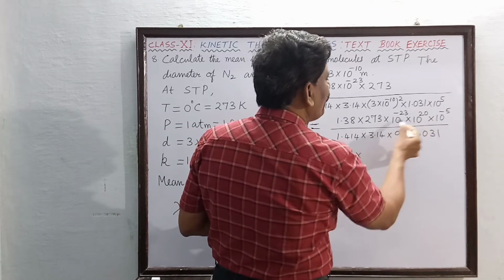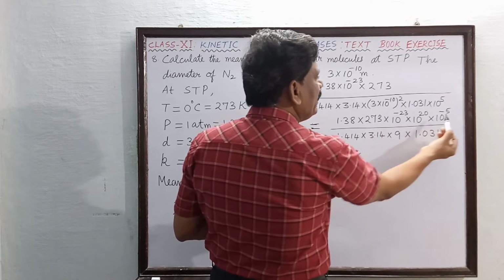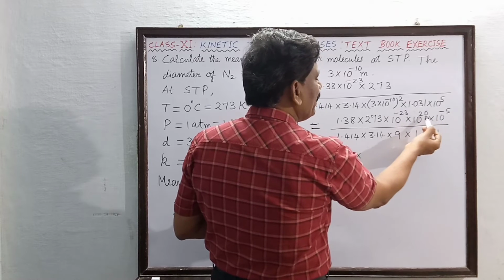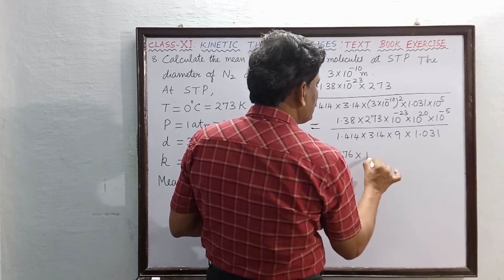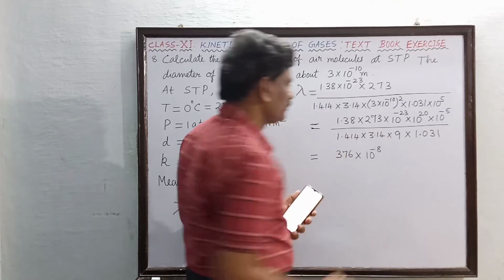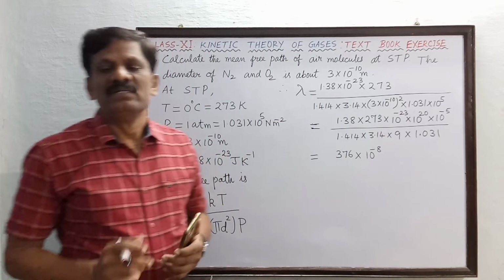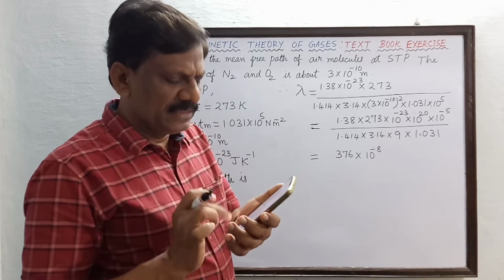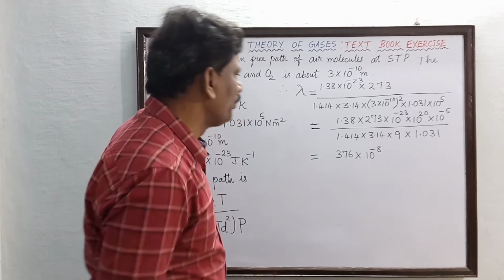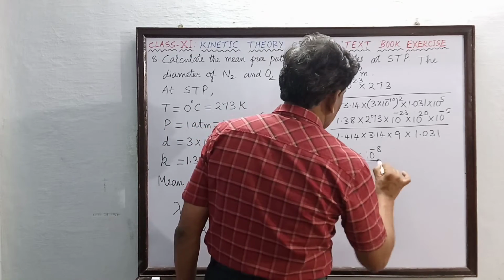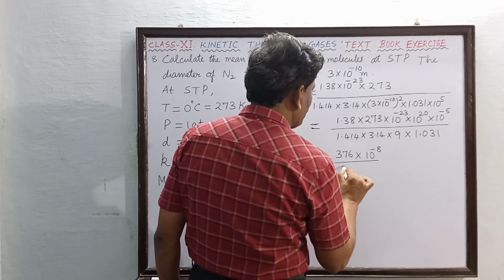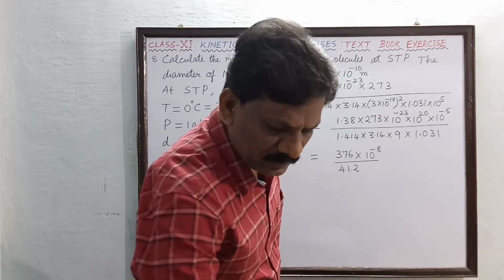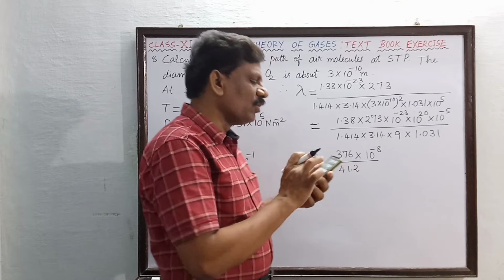Now check the powers of 10: minus 23 and minus 5 make minus 28, but here there is 10^20, so the remaining is 10^-8 in the numerator. Similarly, I am going to multiply the denominator. It is coming as 41.2.